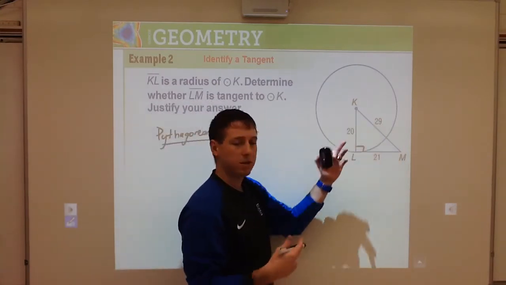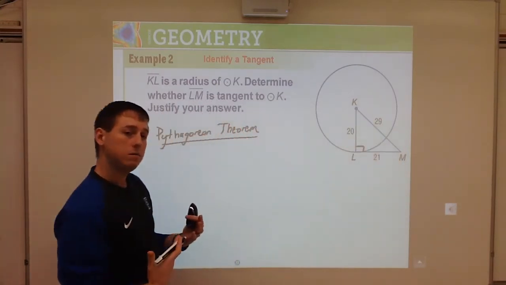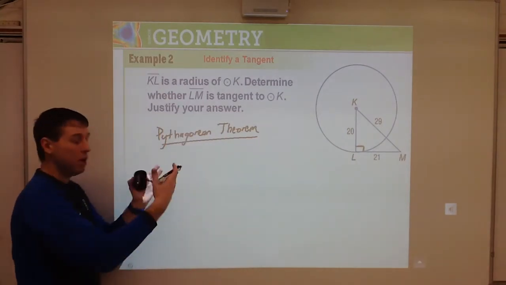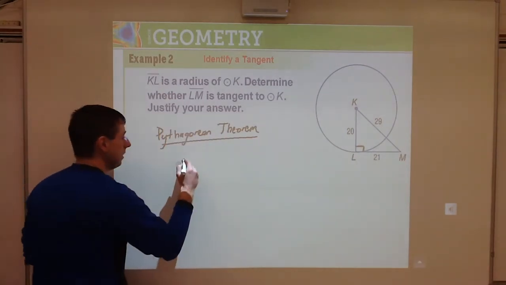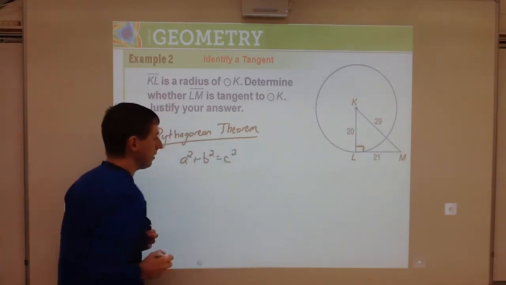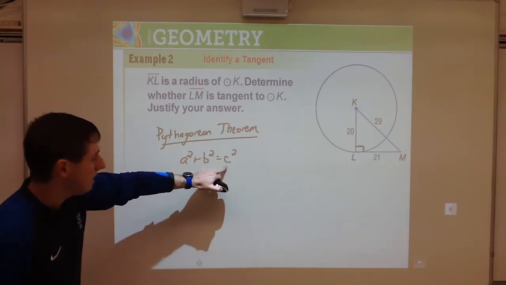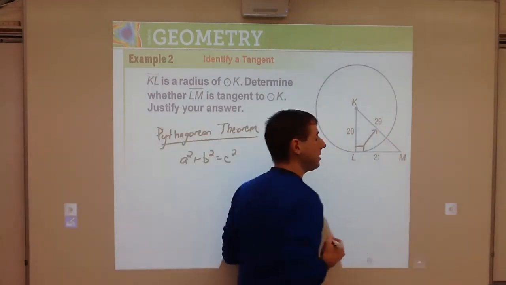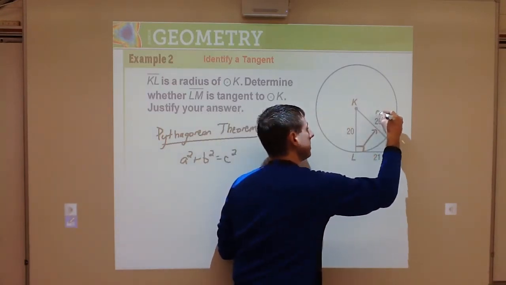If I put all three of those numbers in there and it works out, then it is a tangent line. If I put the numbers in and they don't equal, then it's not a tangent line. So remember, the Pythagorean theorem is a squared plus b squared equals c squared. The c is the important letter. The c is always opposite the right angle. So that's going to be my c.